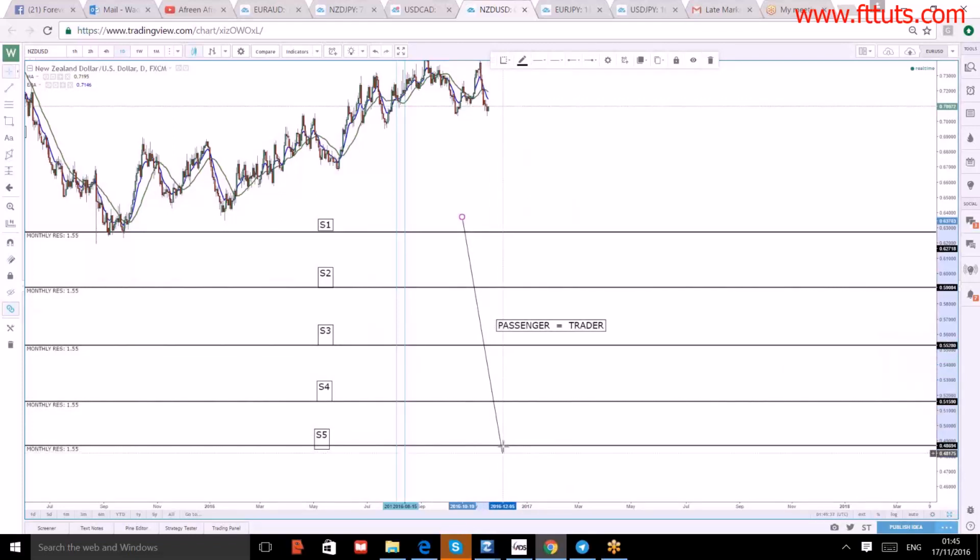So the train keeps on traveling from station 1 to station 5. Now the station tells you where the train is. It means support and resistance tells you where the price action is, where the price is, right, guys?